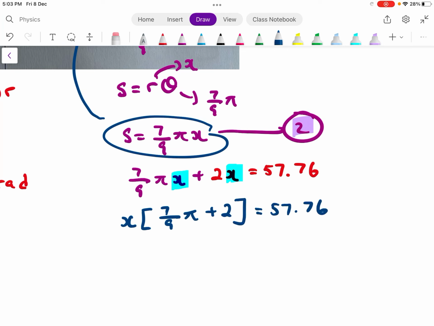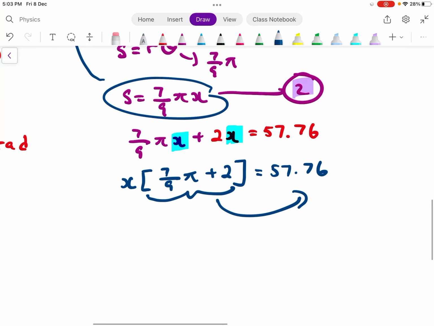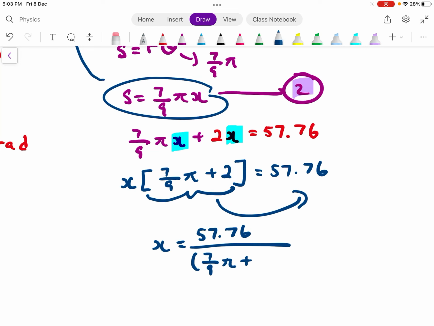You can actually use calculator to calculate first. Or you can just move everything to the right hand side. When you move everything to the right hand side, of course it's divide, not minus or plus. So x equal to 57.76 over, bracket 7 over 9 pi plus 2.